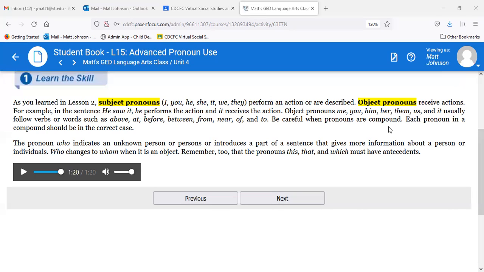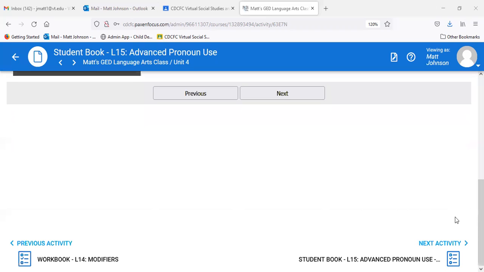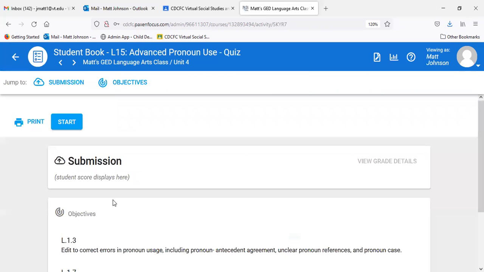And then if you are speaking about someone as an object, like they are receiving the action, if you go to the store for somebody, then I would say I went to the store for her. Her is the object. She's receiving the action. So as we go through our examples here, that will probably make some more sense. And that also applies to who and whom.